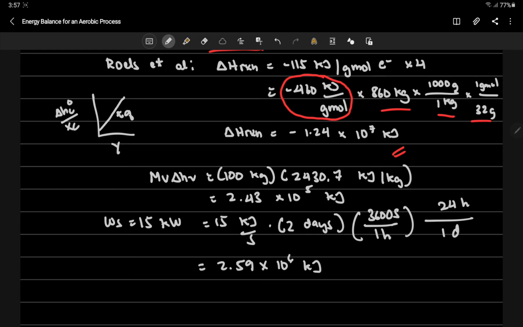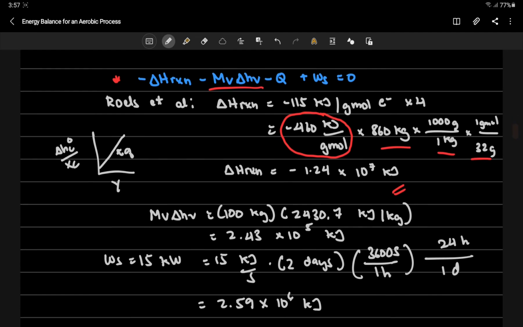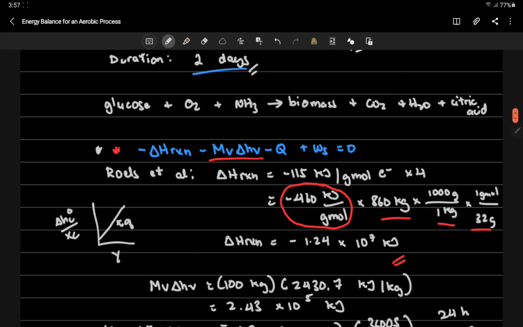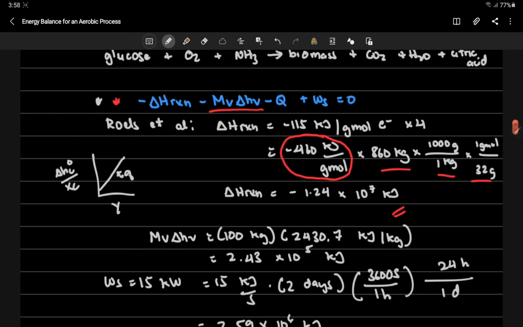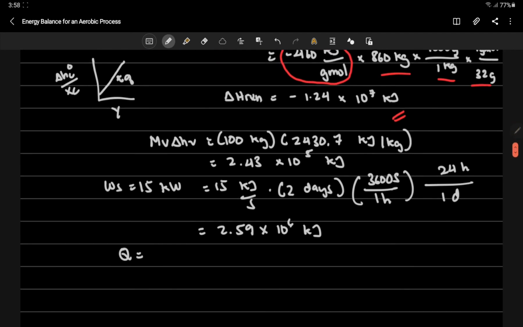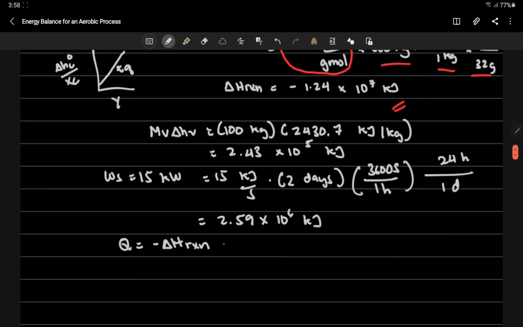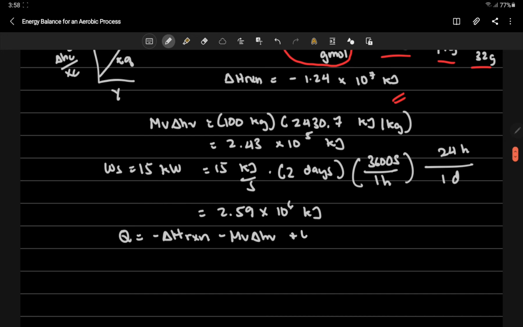Okay, now we have all the terms except for yung Q, of course. So if we're going to solve for Q using this equation, magiging Q equals minus delta H minus the evaporation term, and then plus the shaft work. So ano yung delta H reaction na nakuha natin?